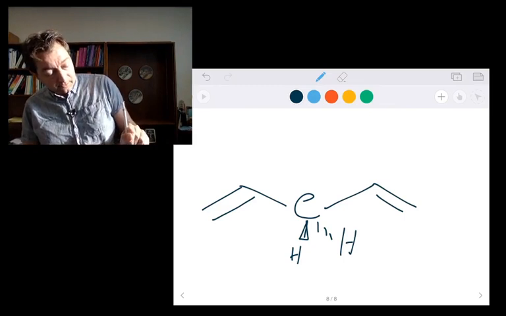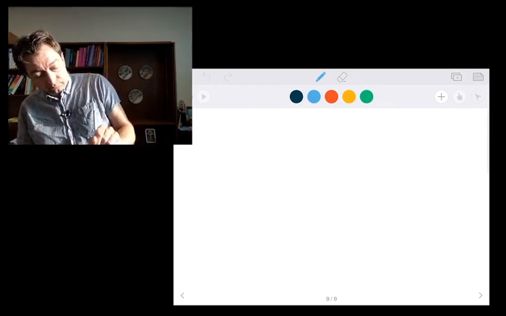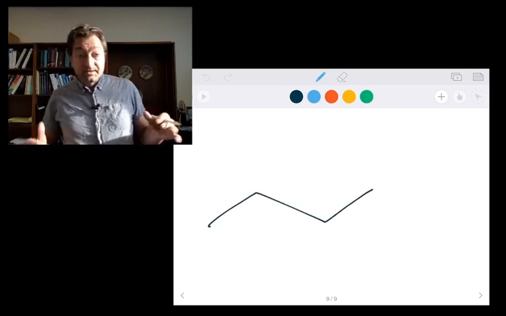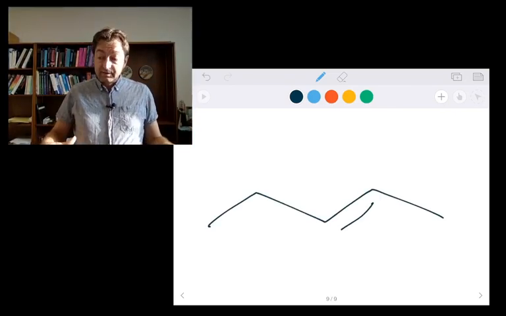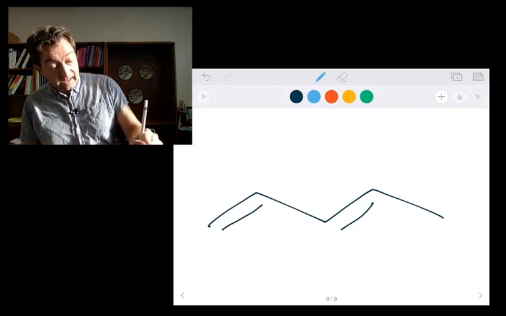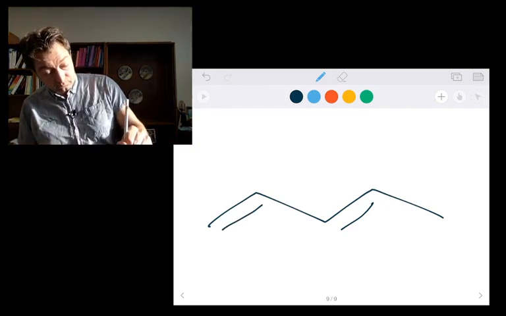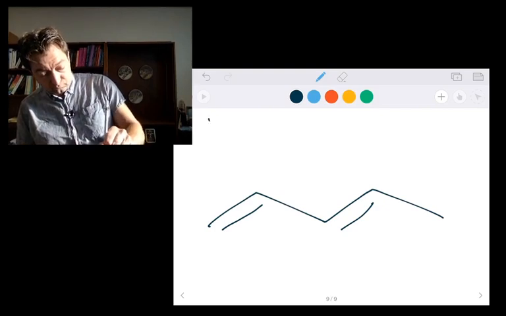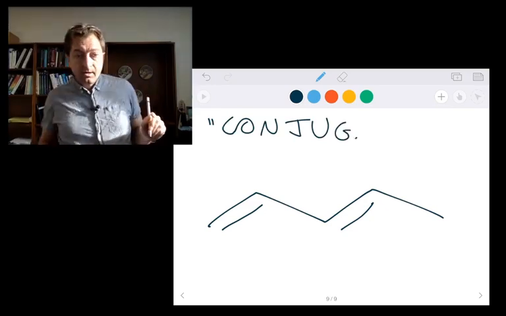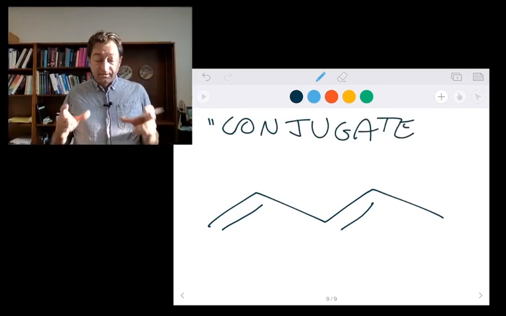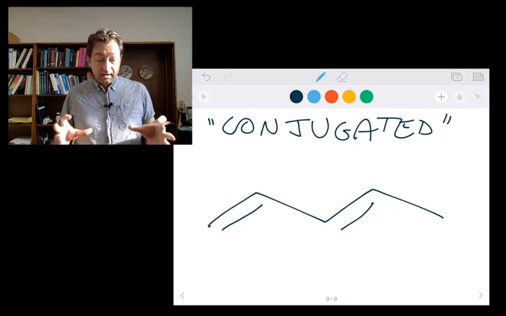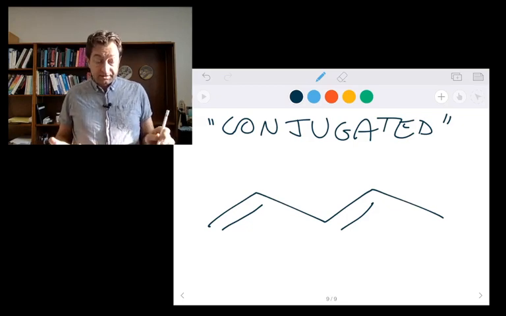And the other molecule that I drew, these double bonds are now next to each other. They're what we call conjugated. Conjugated double bonds are double bonds that are only separated by a single bond.